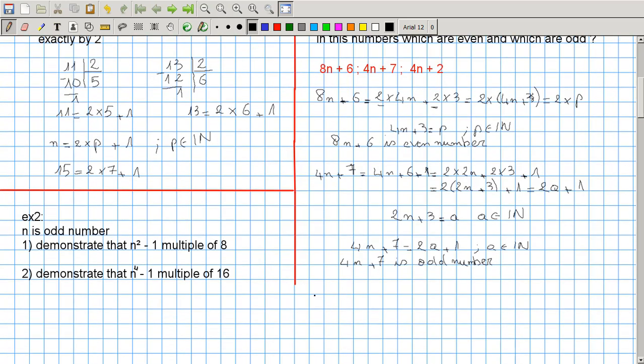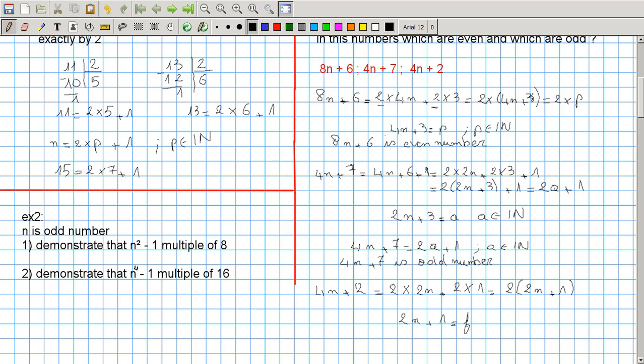For 4n plus 2 equal 2 times 2n plus 2 times 1. We can factor by 2. 2 times (2n plus 1). 2n plus 1 is another natural number.